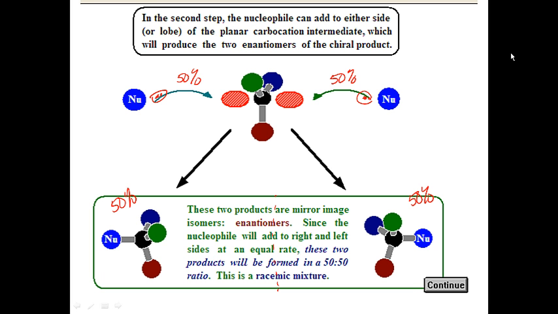So an SN1 reaction takes an alkyl halide that's optically active and makes it optically inactive by forming the racemic mixture. And that's the last part that we talked about with SN2s: what happens when you take a chiral alkyl halide and react it in SN2, you get an optically active product with inversion. For SN1, you get a racemic mixture.